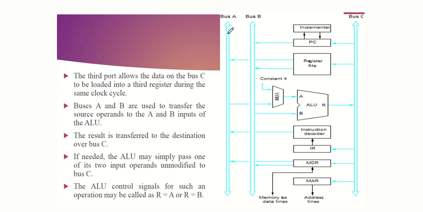So you realize that one way or the other, bus A is connected to the ALU, like through a MUX, and bus B is also connected to the ALU. This one is direct.